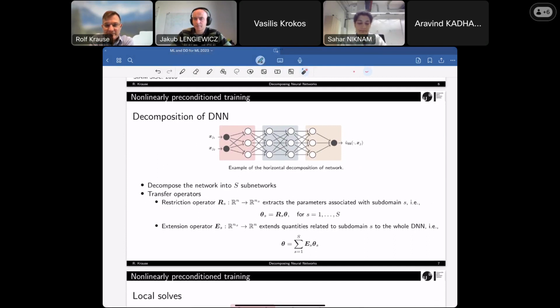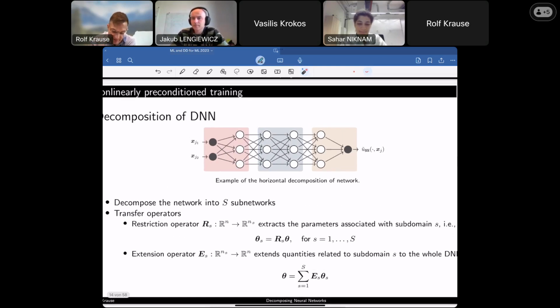Is that correct? You assign different parts of the network to different cores? Yeah, that's also what we do. That's a third variant I didn't talk about, but exactly that's what we do. Okay, and I'm trying to understand that, because that's a serial process.